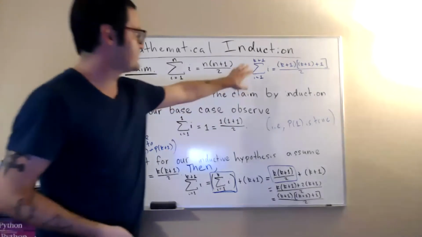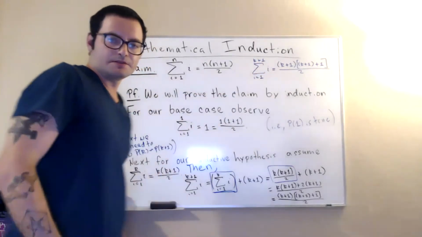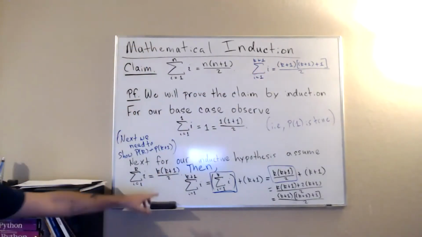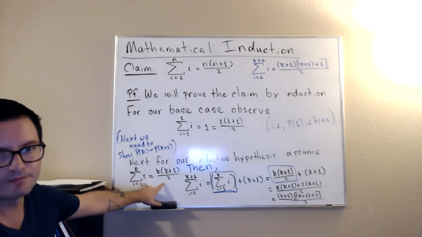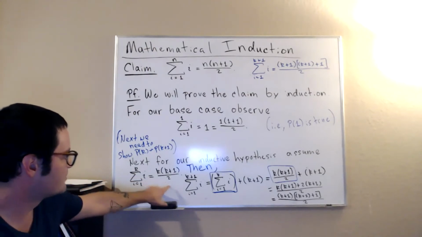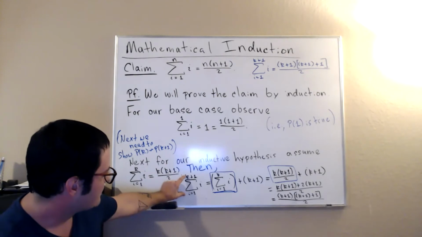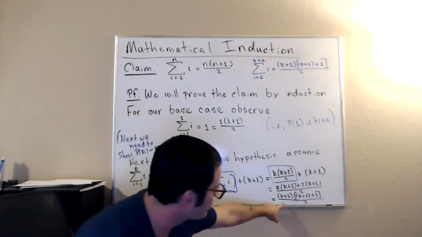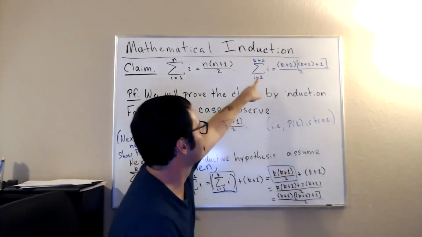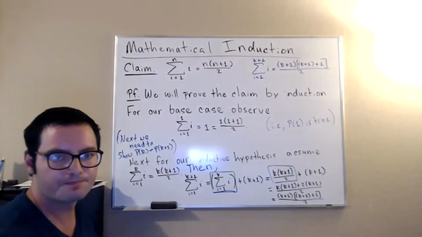So that's what p of k plus 1 is. So what we've shown here is that if we assume p of k, then this assumption implies that this here is equal to that, which is p of k plus 1.